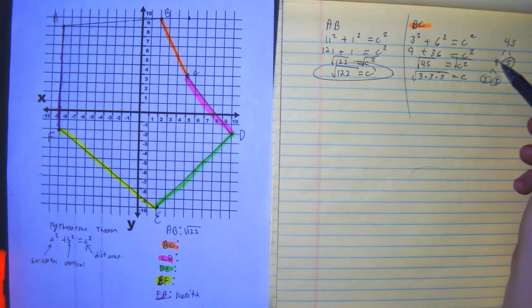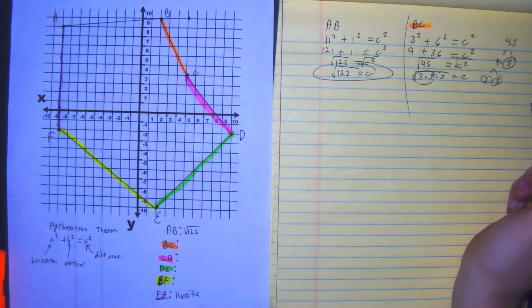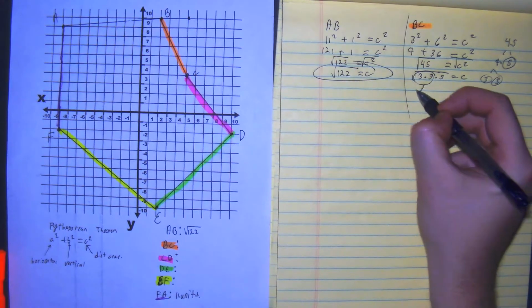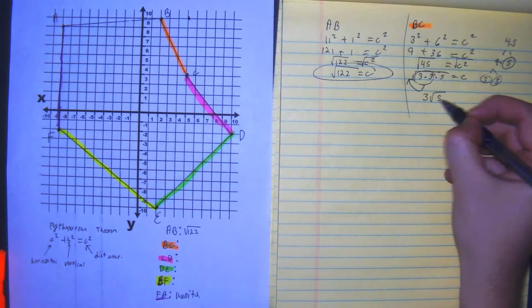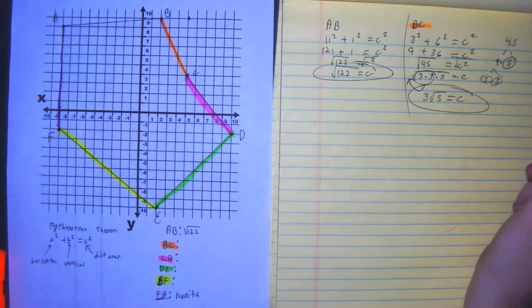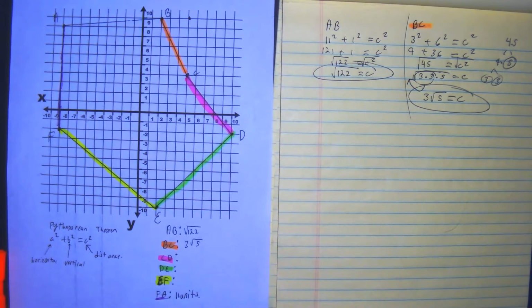When you have a square root, to take out numbers, what you need to do is pull out pairs, because the square root of 9 is 3, so you pull out 3 from the square root. So our final thing would be 3 square root 5 is equal to c. So our distance of BC, when we're looking for an exact answer, would be 3 square root 5.